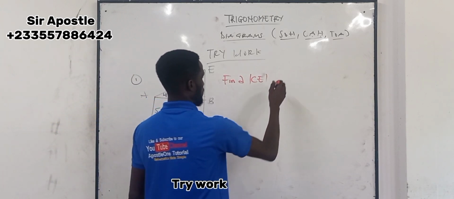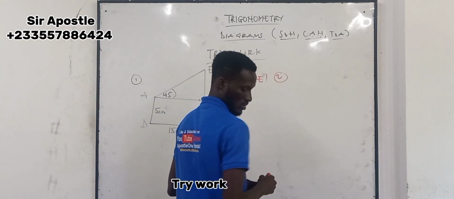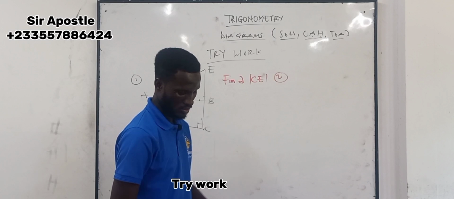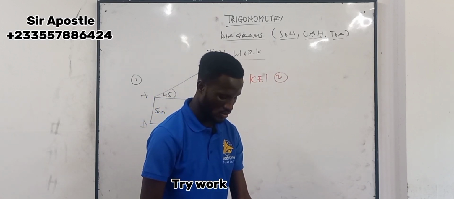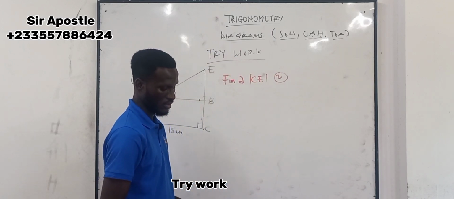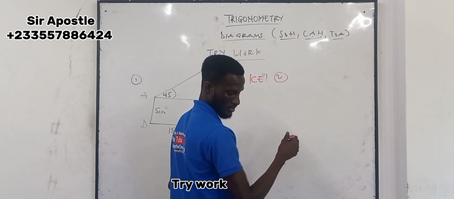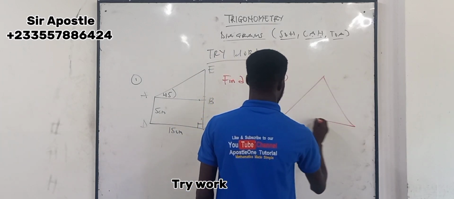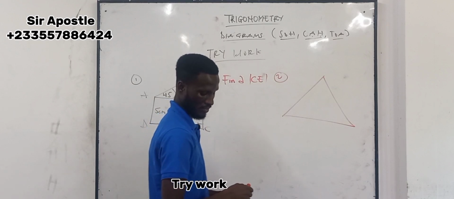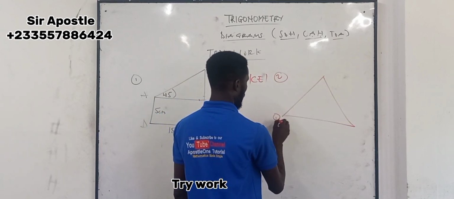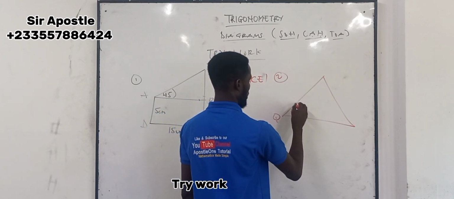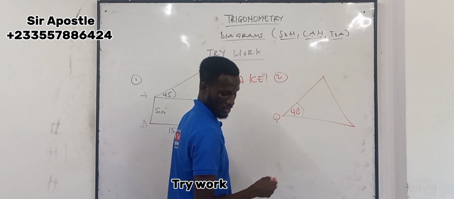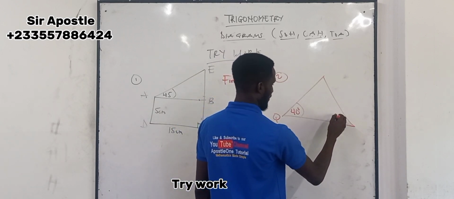Now question 2. I'm going to give you this one. We have KO. Here is 40 degrees. Here is 35 degrees.